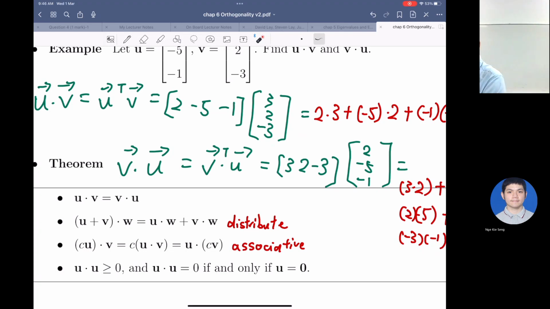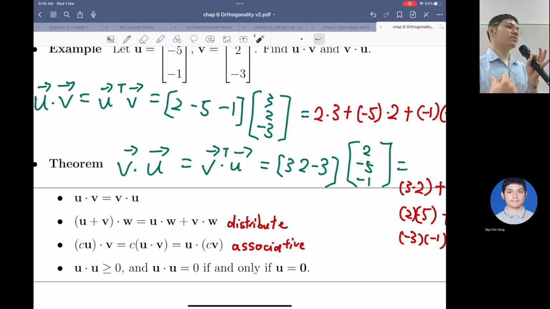u dot u is greater or equal to 0, and u dot u is equal to 0 if and only if u is 0. This one is also important. You might think it's very trivial, but u dot u equals 0 if and only if u equals 0, meaning only 0 dot with 0 can give 0. Because sometimes you can have non-zero things put together and it becomes 0.